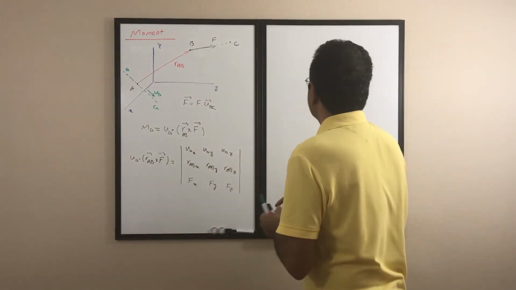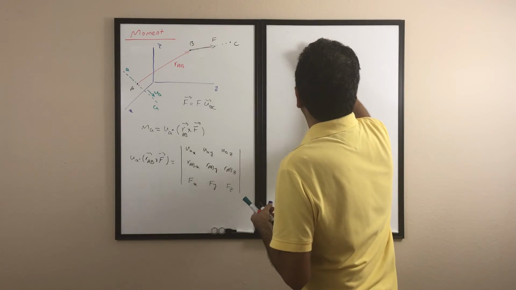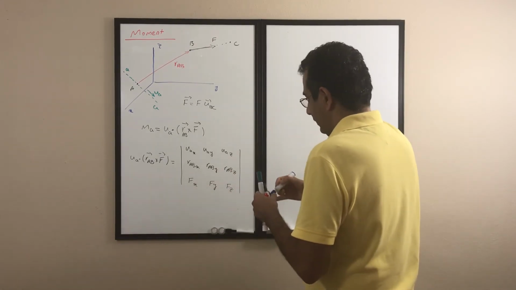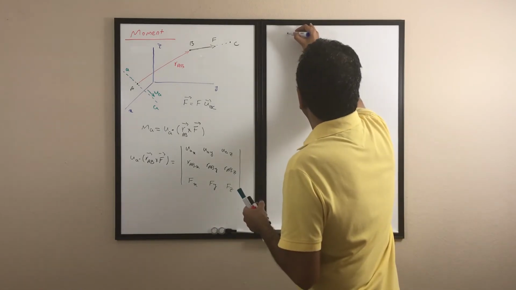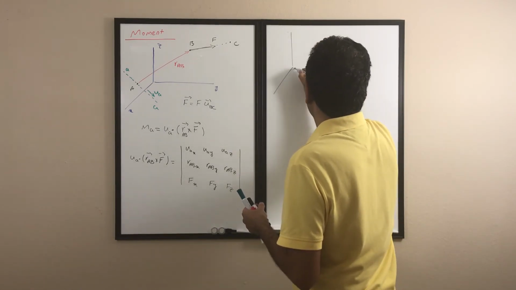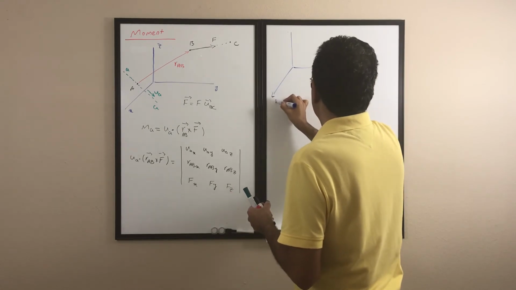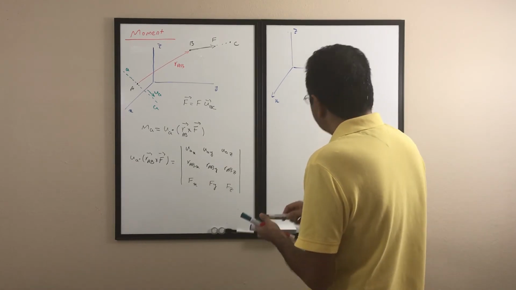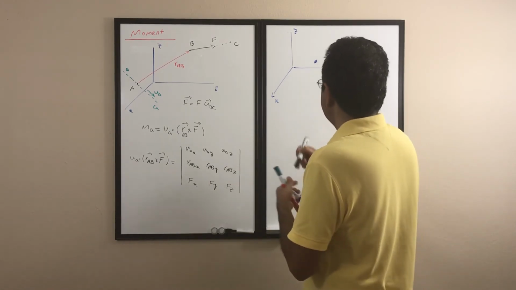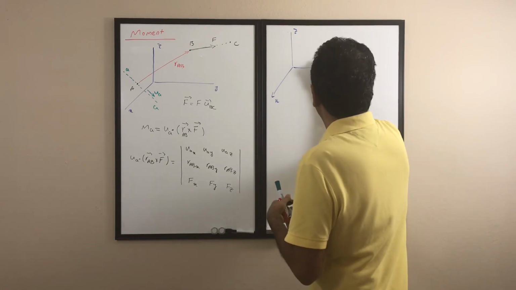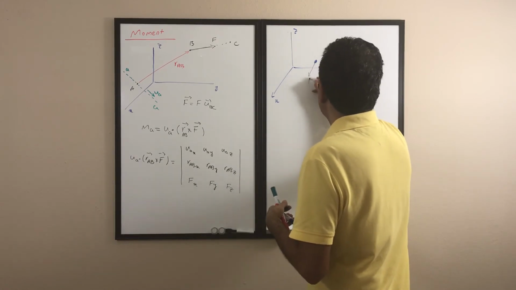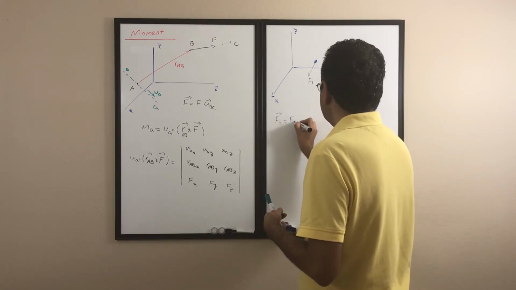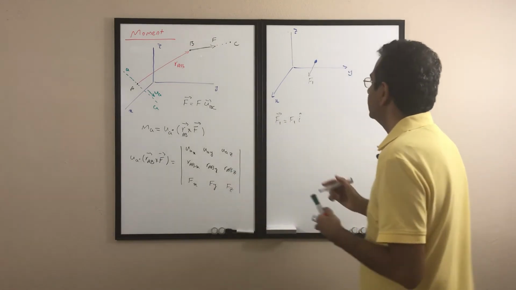If we have a point here, and let's have X, Y, Z. If I have forces that are in the X, Y, or Z direction, for example F1 is exactly in the X direction, then F1 is the magnitude of F1 times I, because it's just in the X direction.